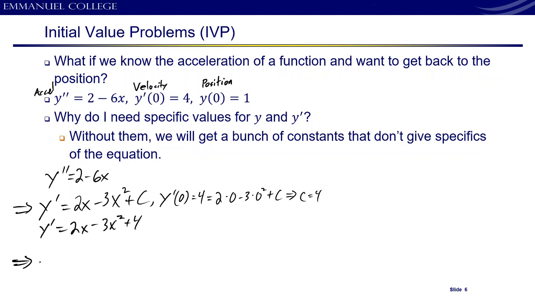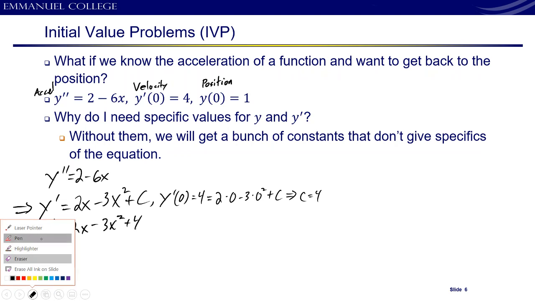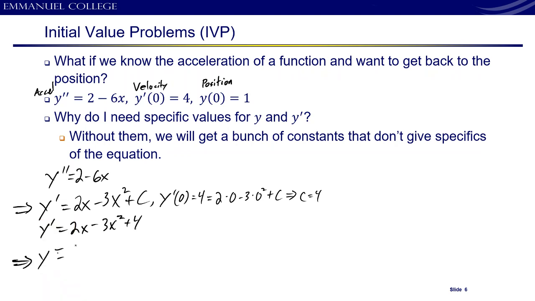All right, then if I have y prime, what about y? Or sorry, I've got y prime, so now I just need y. Now we're going backwards from the y prime equation. So if I've got x here, that means I had to have x squared before it.